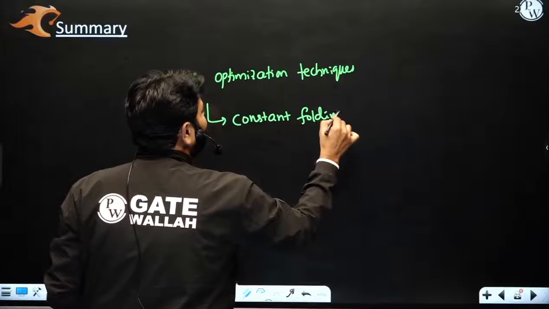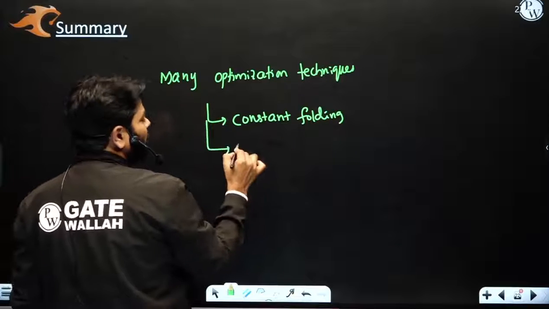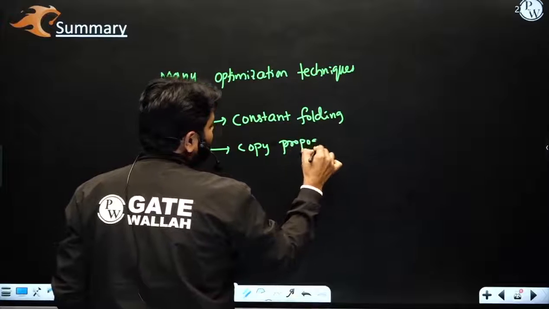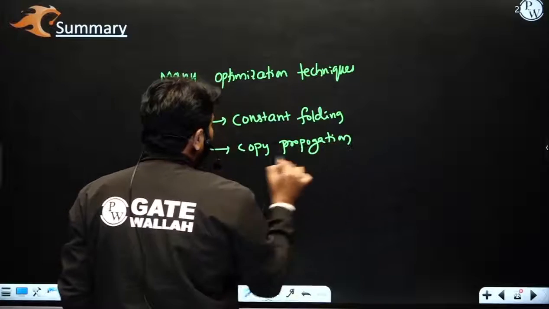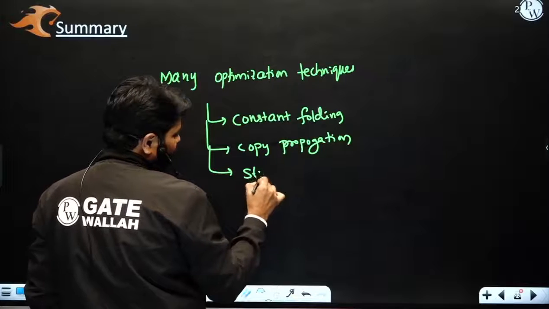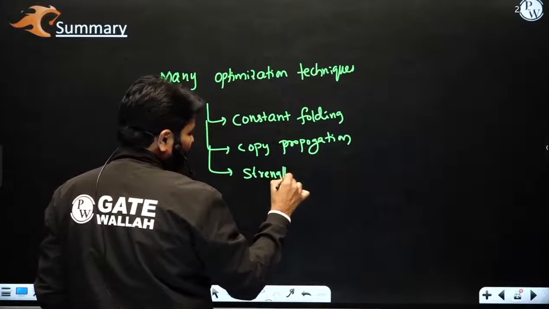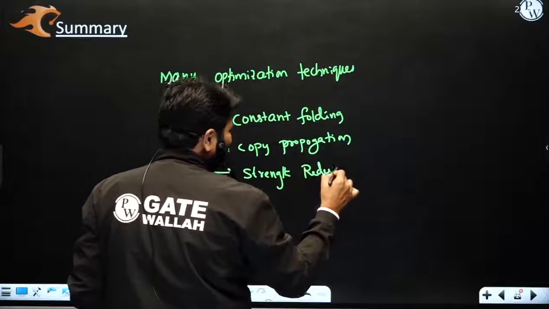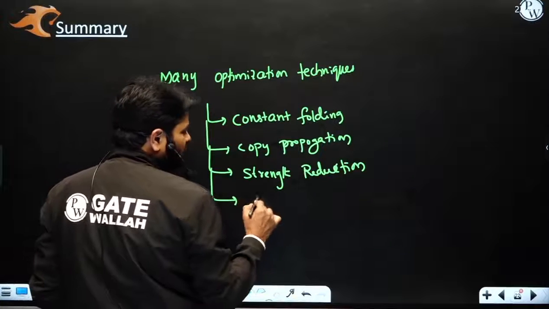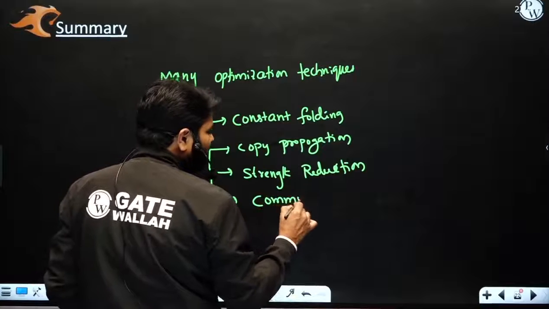Then we studied constant propagation and variable propagation, which I call copy propagation. Then we studied strength reduction, if you recall all these points. Common sub-expression elimination using DAG.